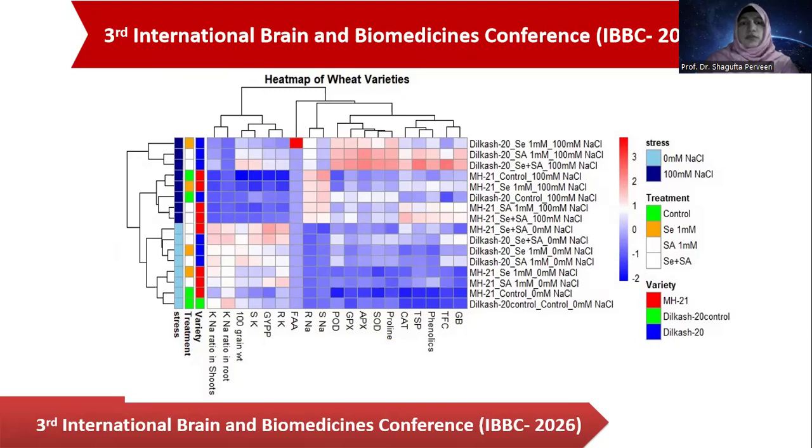The map shows that Dilkash 20 was higher in the potassium to sodium ratio, grain yield components, and the activity of antioxidant enzymes, and the accumulation of different osmoprotectants like total soluble proteins, phenolics, total free amino acids, and proline and glycine betaine contents under control and salt stress conditions.